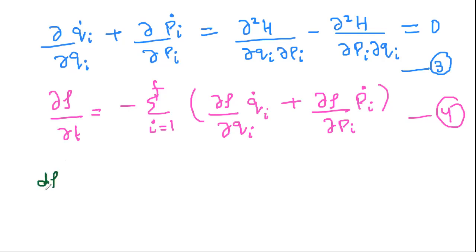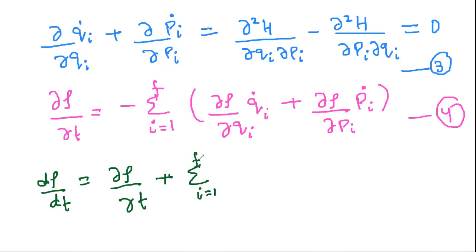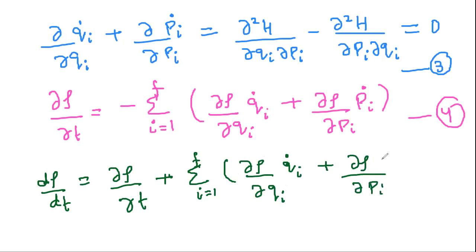That is d rho by dt equal to dou rho by dou t plus summation i equal to 1 to f, then in the bracket in the sum dou rho by dou qi times qi dot plus dou rho by dou pi times pi dot, and we established that this total derivative of rho with time is 0.